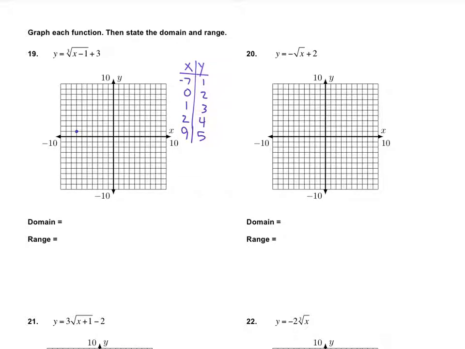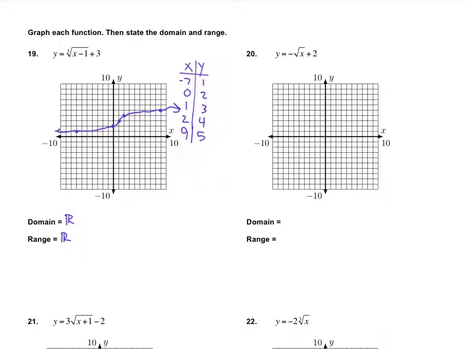If we plot these now, we get negative 7, 1, 0, 2, 1, 3, 2, 4, and 9, 5. Draw our line. And so now, with cube root functions, domain and range are both all real numbers.